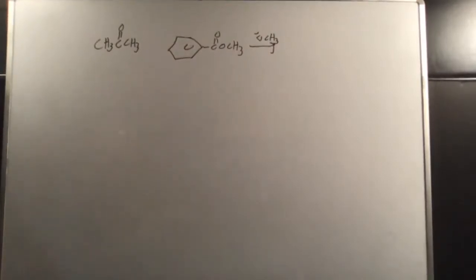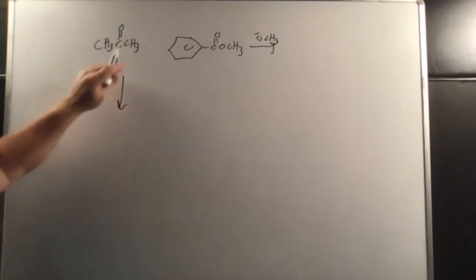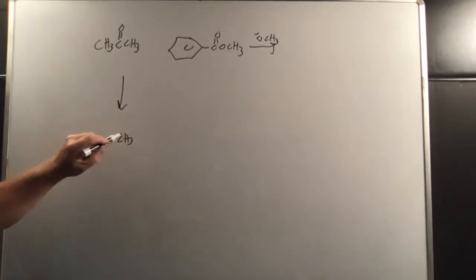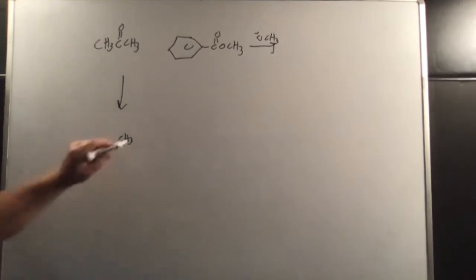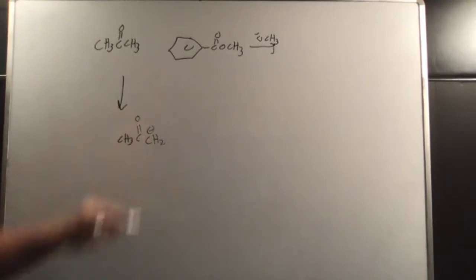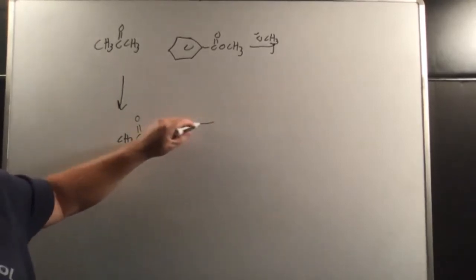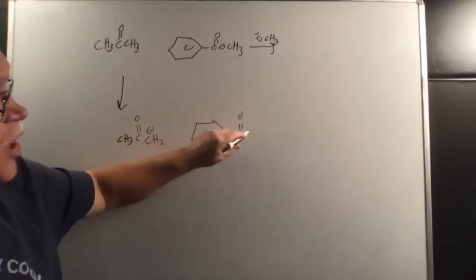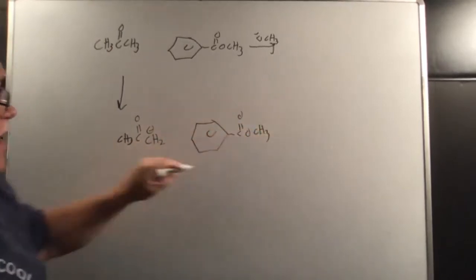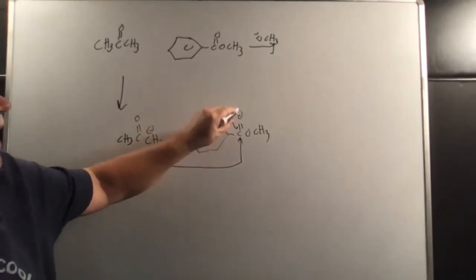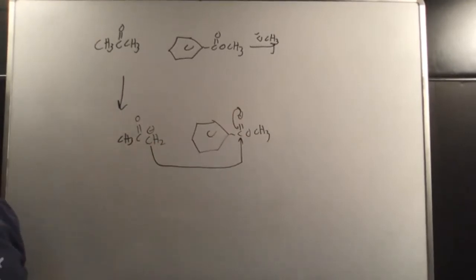So what's step one? Step one, again, is loss of an alpha hydrogen. So notice what I'll do. And again, it makes no difference which one we lose. In my notes, I lost the hydrogen on this side. Now what's going to happen? Just like in all of these cases, this acts as a nucleophile doing a backside attack, kicking the pair of electrons up.